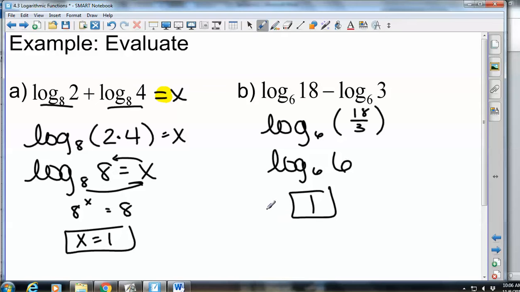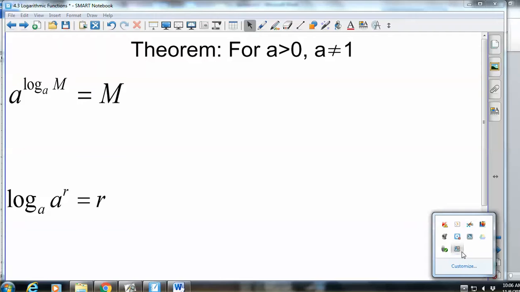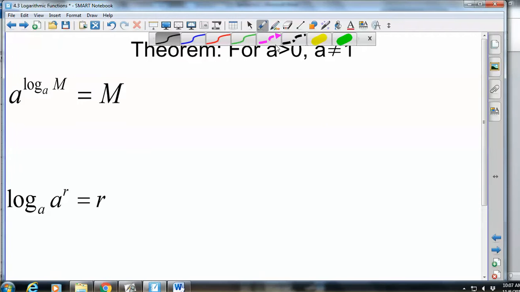Two more properties that we need to get down. I'll let you write them. Remember we talked about the exponential and logarithm being inverses of one another?